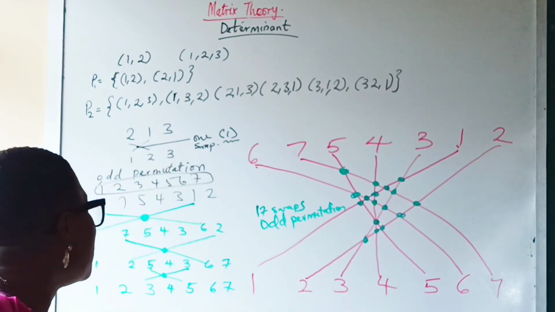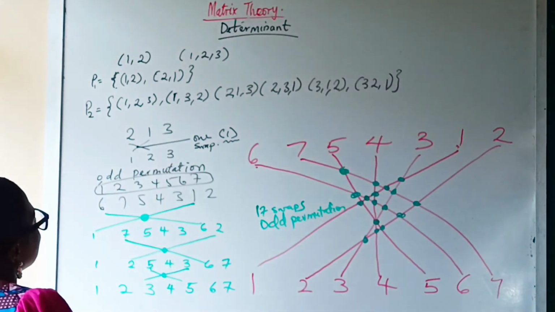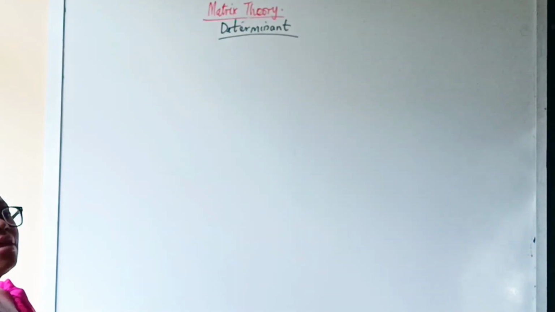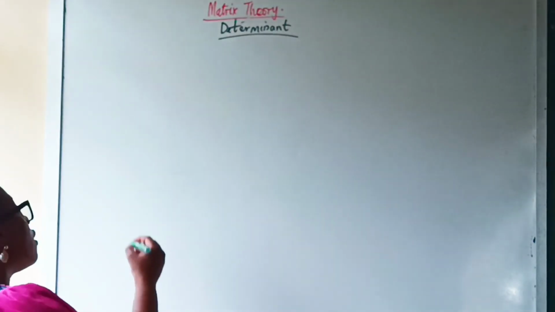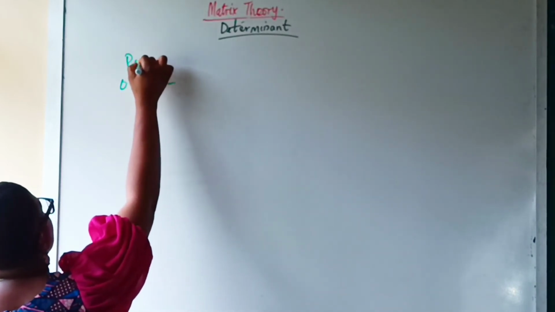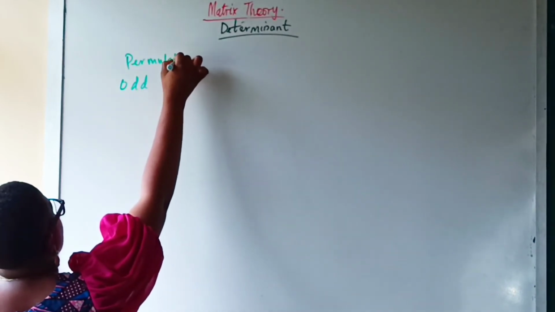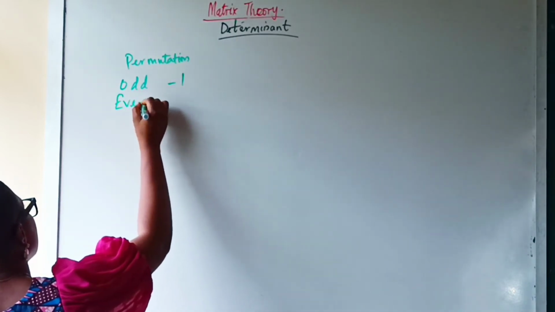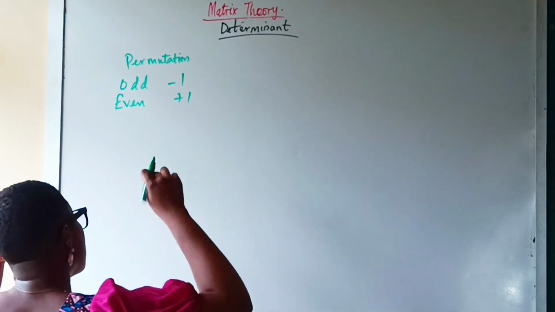If your permutation is even, then the sign for that swap is plus. That's the long version of this whole story. So the type of permutation, if it is odd, you have minus 1. If it is even, you have plus 1.